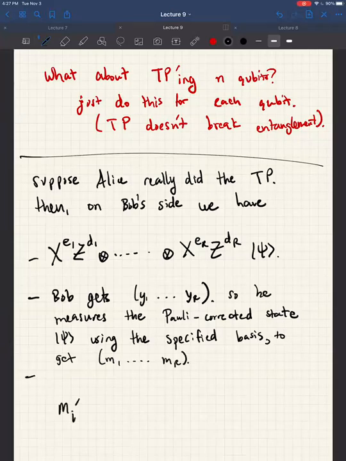So Mi prime is going to be the adjusted measurement outcome. It's just going to be Mi if the ith basis was just the identity. The reason we do that is because if the ith basis is identity, we don't actually care what the measurement outcome is.